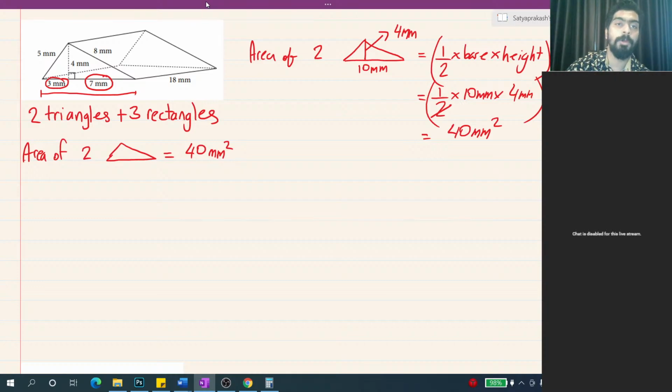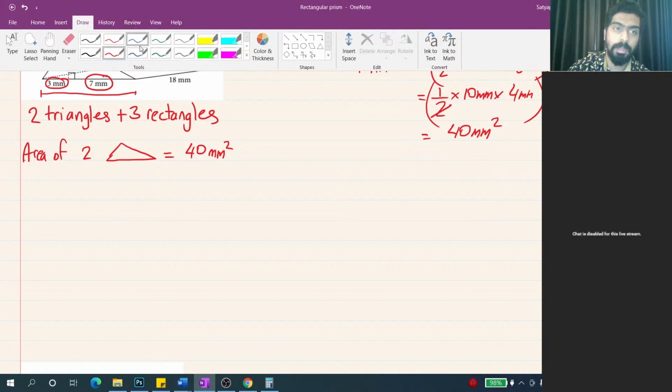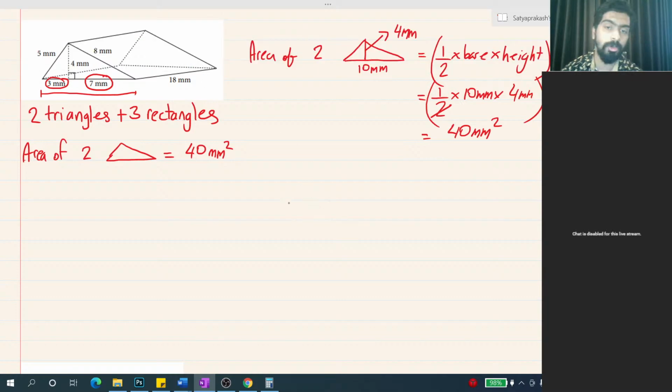So what I'm going to do now is find the area of the base rectangle, which looks something like this, where we have 10 mm and 18 mm. These are the two dimensions. Let's start off with the formula, which is length times width.